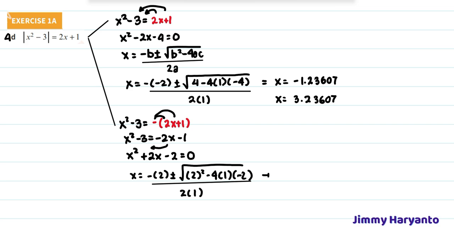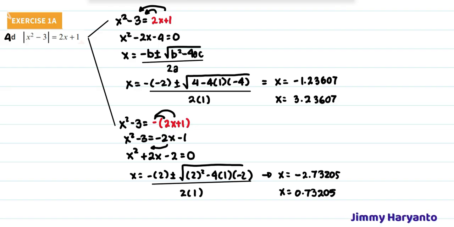Okay, and this one is negative 2.73205, and this one is 0.73251. So these are the values of x, but because this is the second type of equation, we have to double check your answer.